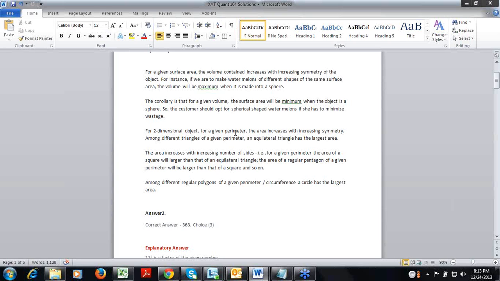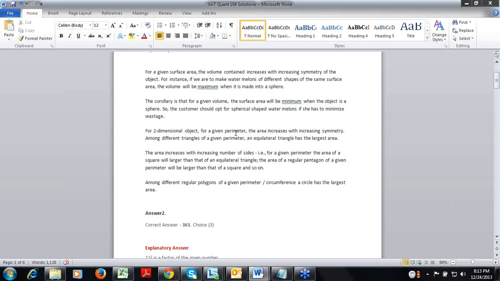For a given volume the surface area will be minimum when the object is a sphere, so he has to minimize the surface to minimize the wastage. The customer should opt for a spherical shaped watermelon.